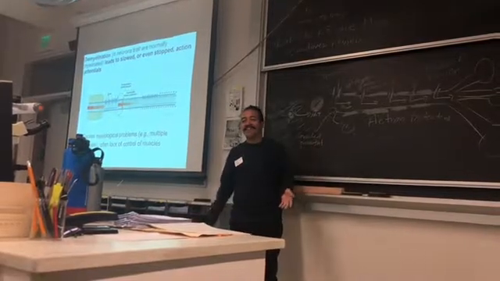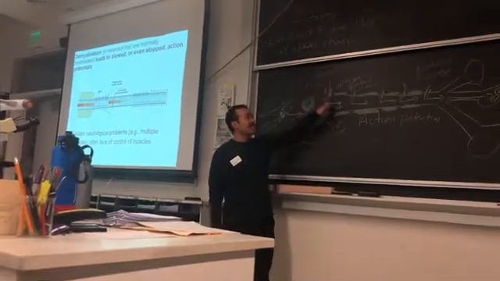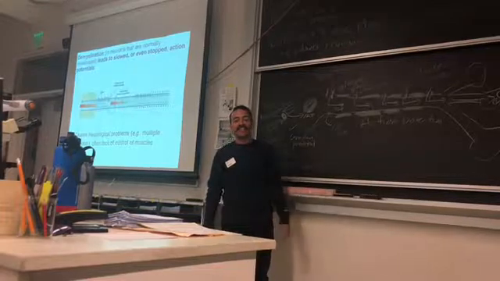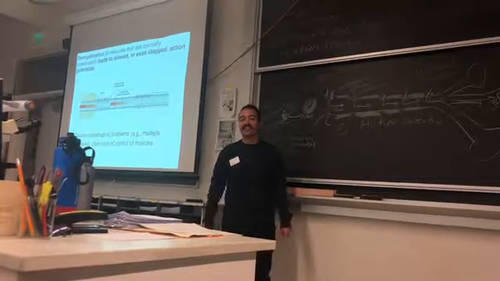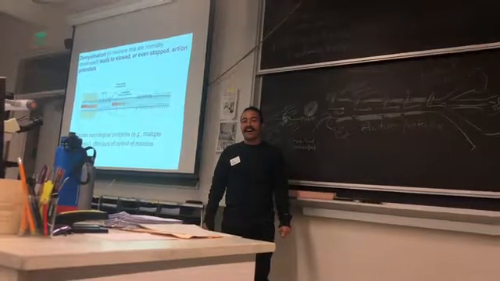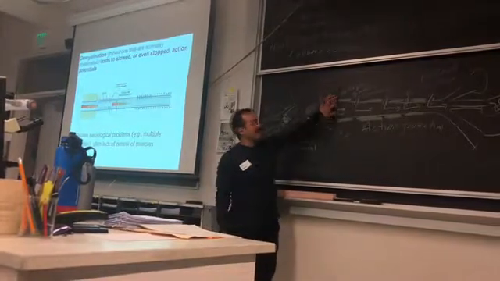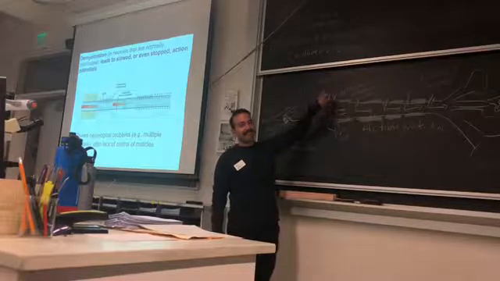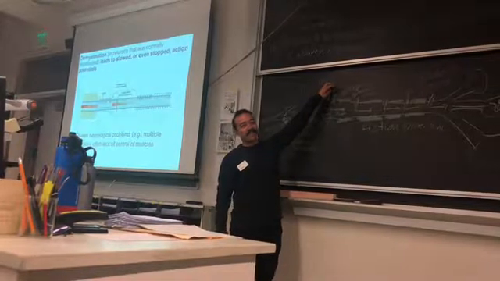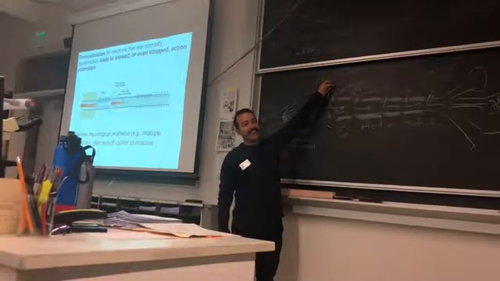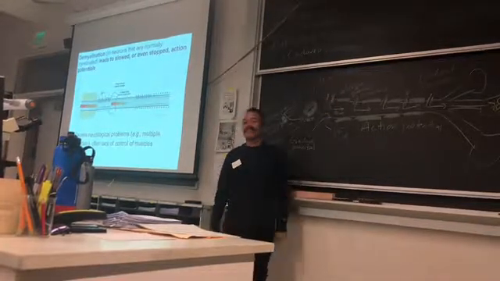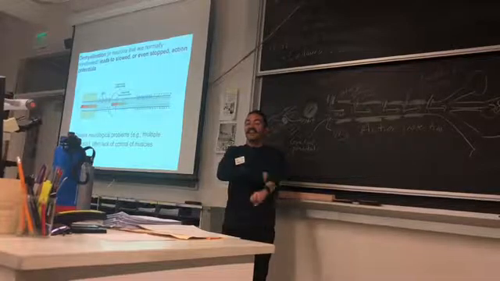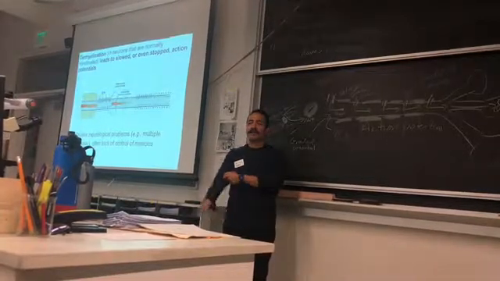Potassium is another positively charged ion. So sodium rushes in, but potassium can leave. It's about the charge, not so much about what the ion is. Sodium is coming in because we created a gradient in the first place with the sodium-potassium pump. There are more details that I just glossed over. If you want to talk about it later, I'm happy to, but this is something you're going to cover in physiology. It has a lot to do with the sodium-potassium pump.